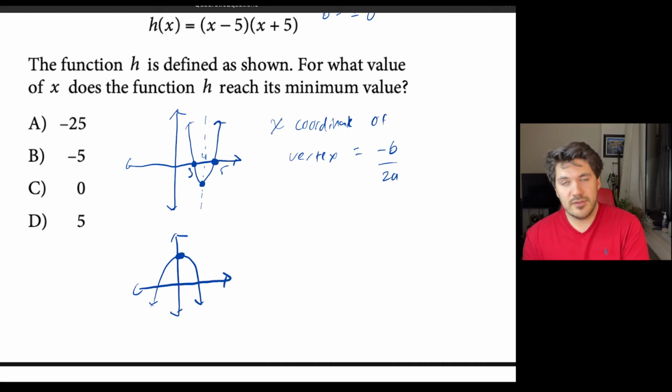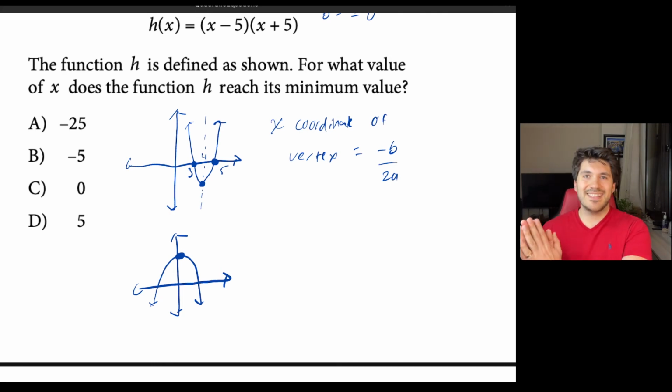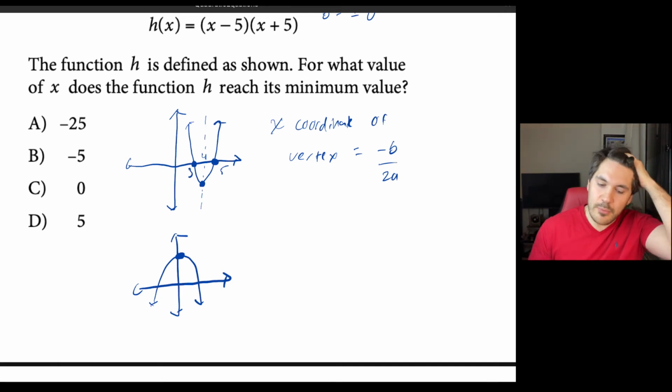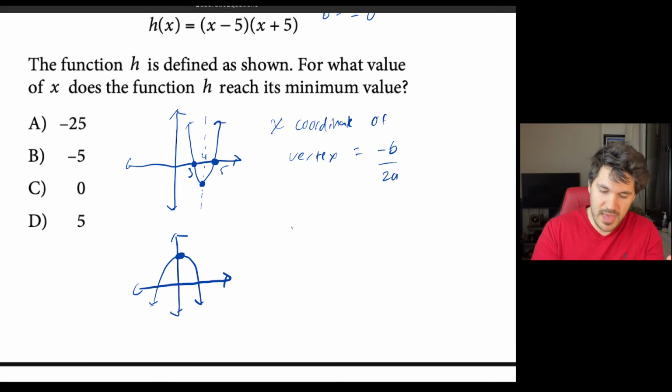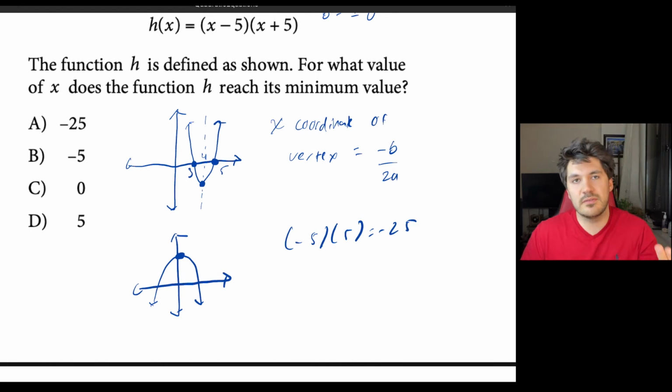That means our zeros are at x equals 5 and negative 5, which tells us that the x-coordinate of the vertex is going to be 0. Now, if we wanted to know the y-coordinate of the vertex, we just replace the x's with 0 and calculate it out. We would have negative 5 times positive 5, so we would get negative 25. So we know the answer would be negative 25.